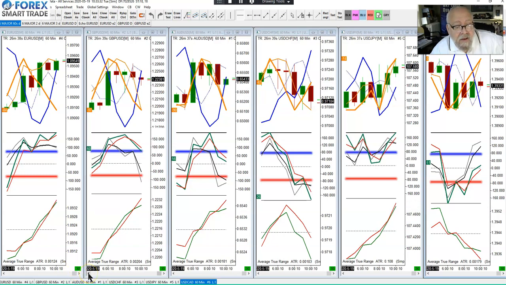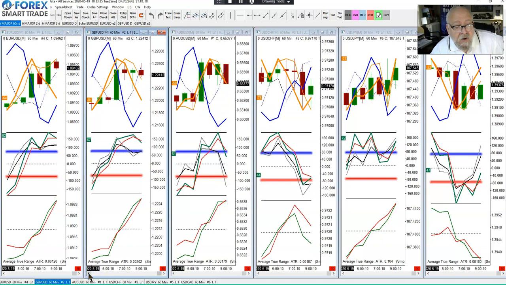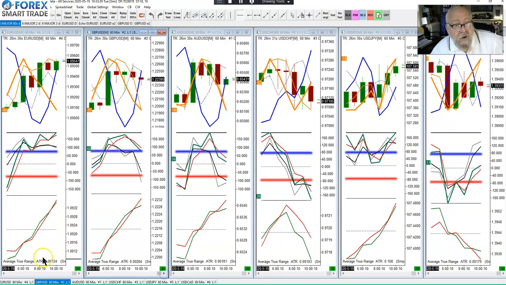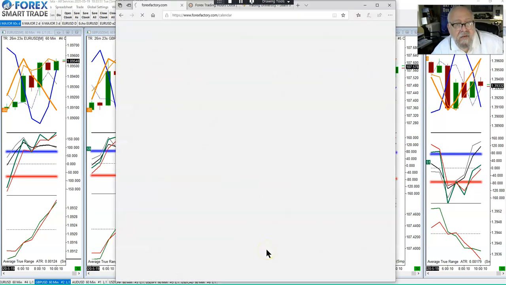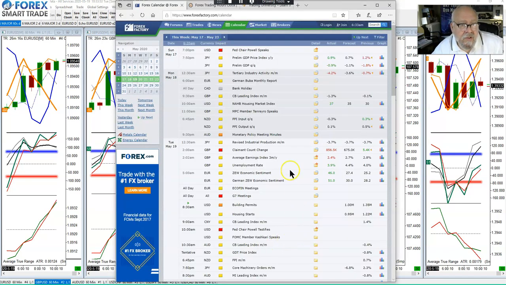I could go back a period, and as I start going back, this becomes red. So I want to make sure that I am looking at a current chart. Every once in a while I go back. If you forget to bring the chart current, you're looking at the wrong thing, and that might cause you to make a mistake.